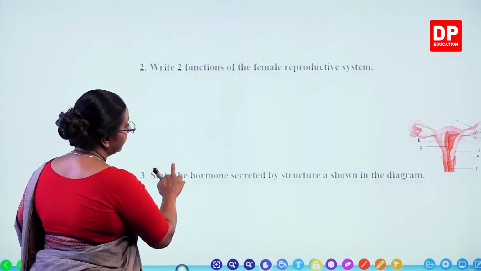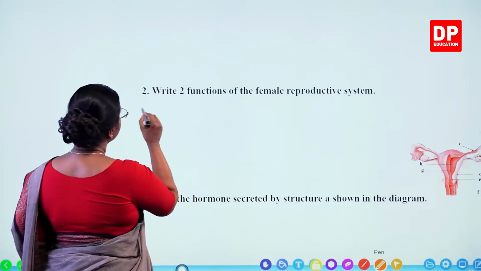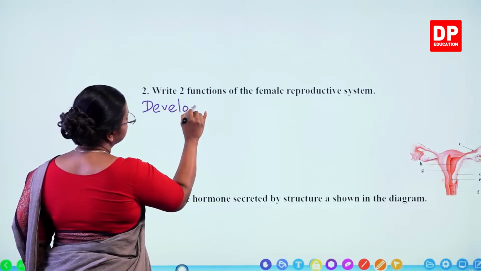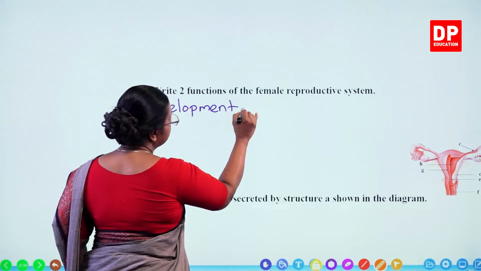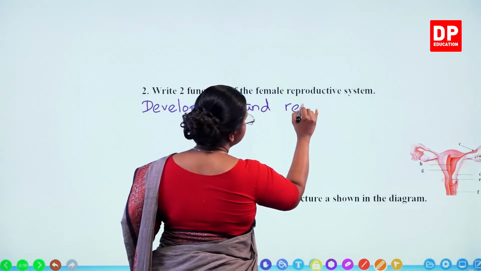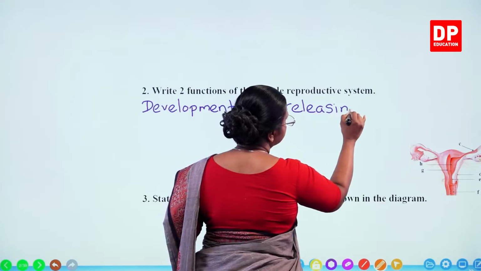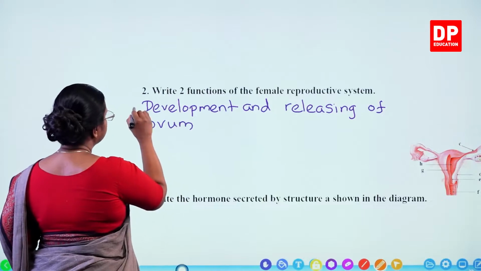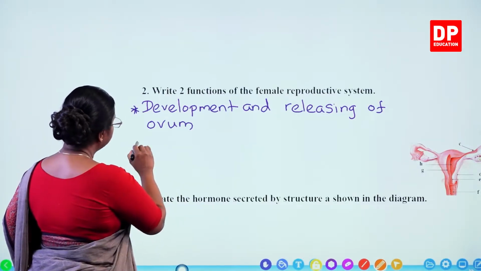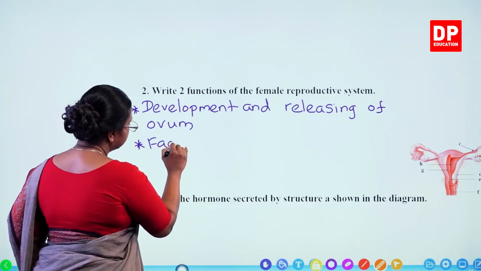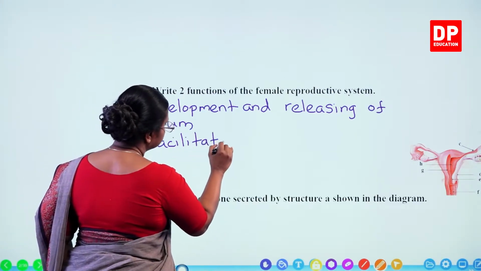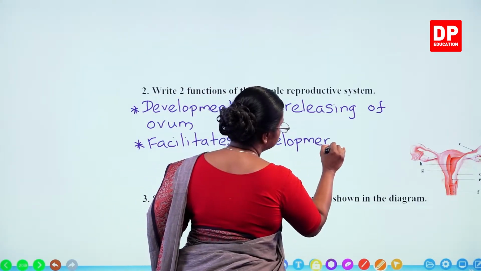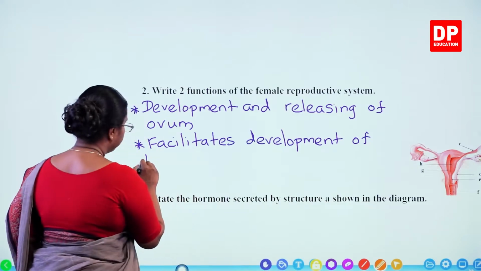So I will write one function of the ovary. Can say development and releasing of ovum, that is ovum or egg cell, and also facilitates development of the fetus.